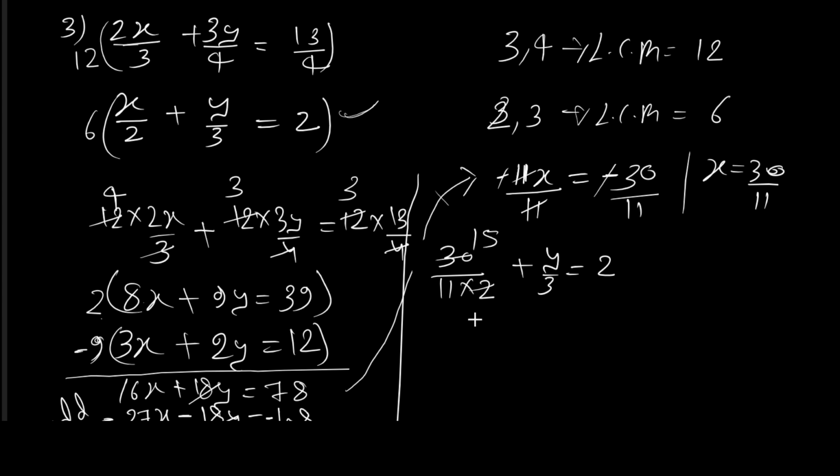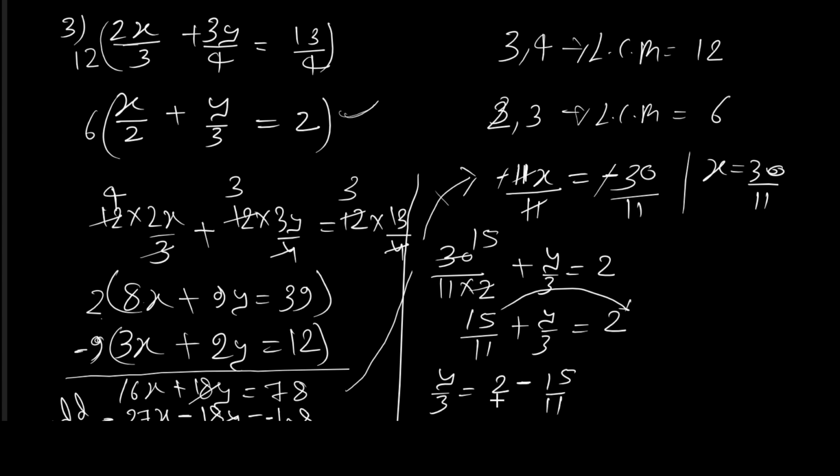So 15 over 11 plus y over 3 equals 2. I'm going to take this fraction to the right side of the equation. So y over 3 equals 2 minus 15 over 11. So let's subtract these fractions.